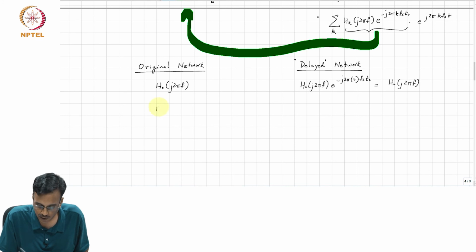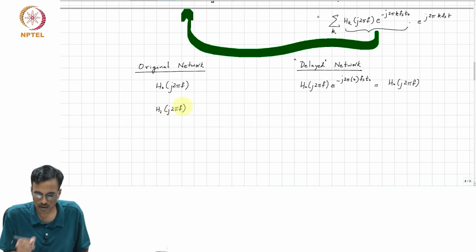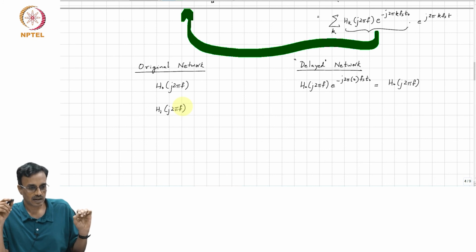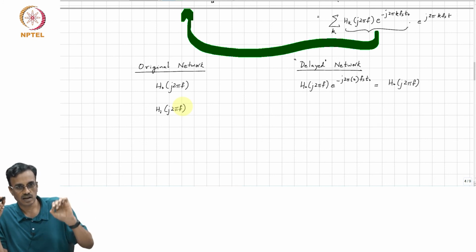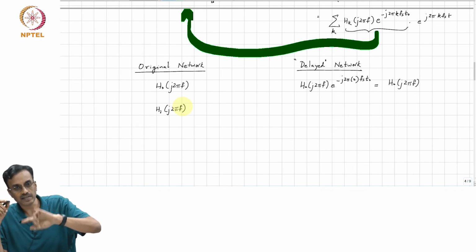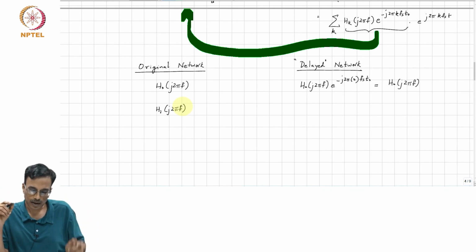Now, let us look at H1 of j2 pi f in the original network, that remember quantifies the gain experienced by a sine wave at frequency f to an output at a frequency f plus fs, correct.